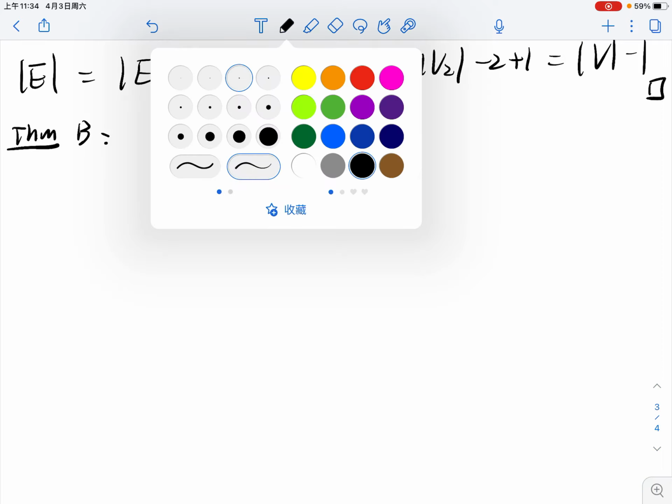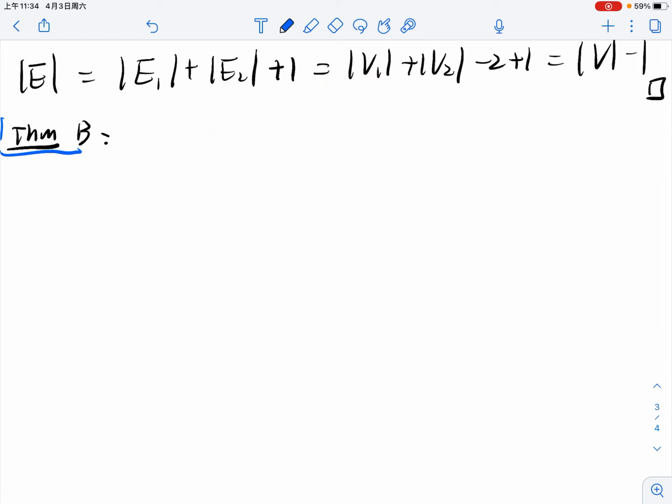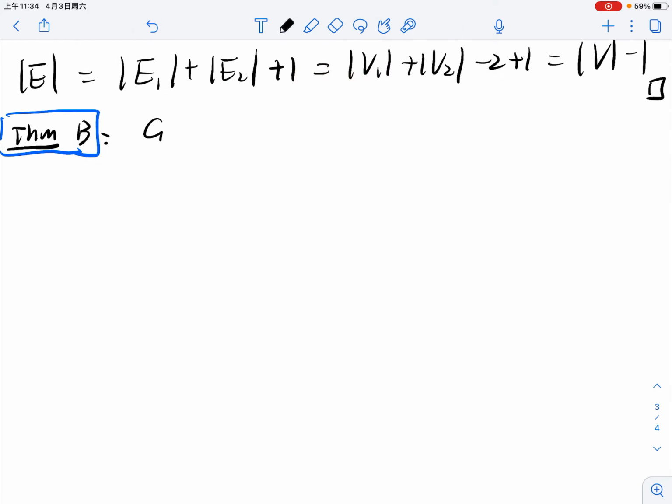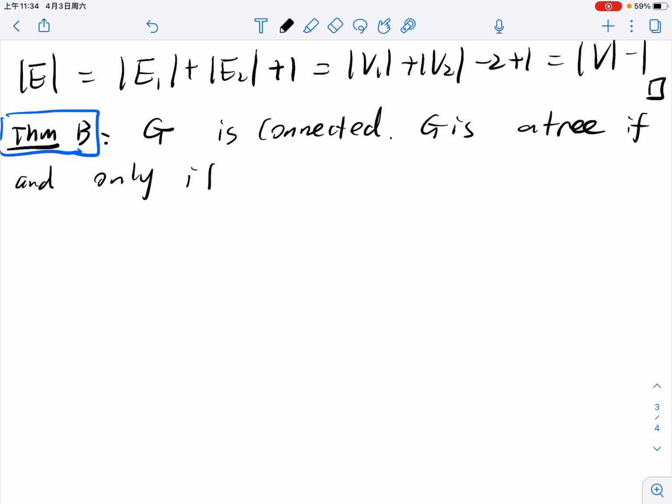This is the following equivalent definition of a tree. Theorem B. Suppose G is connected, then G is a tree if and only if G does not have any cycles.